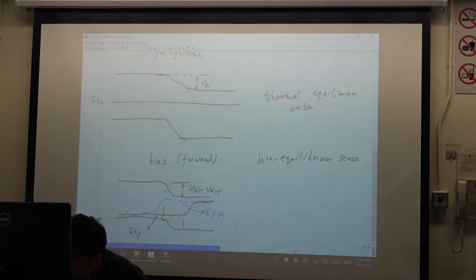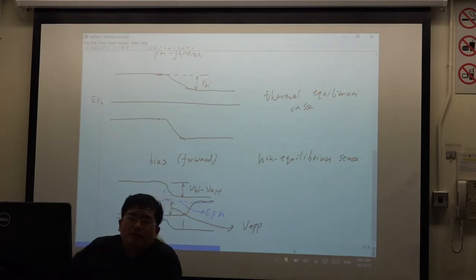The Fermi levels are now split, and the distance between the two Fermi levels is around what we apply. This is something a master's student should understand. Initially, the PN junction has the same Fermi level at thermal equilibrium. You add a bias, so you have a non-equilibrium state. They have two different Fermi levels at the P side and N side, but the distance is just the applied voltage.